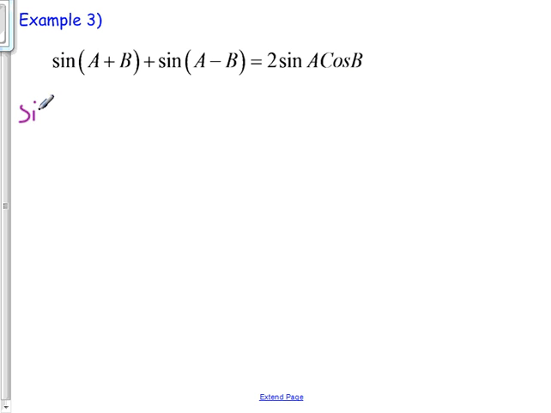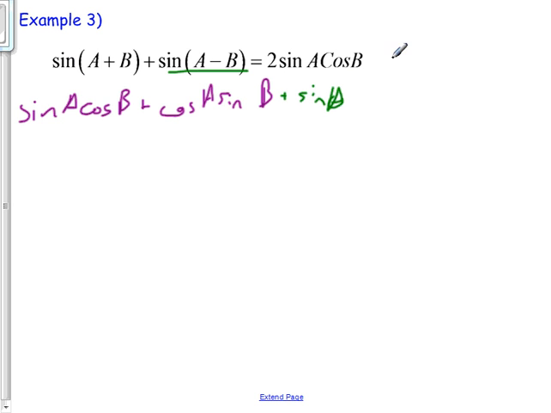So it's sine of A cosine of B plus cosine of A sine of B. The next one, so then that guy is going to be plus sine of A cosine of B minus cosine A sine of B.